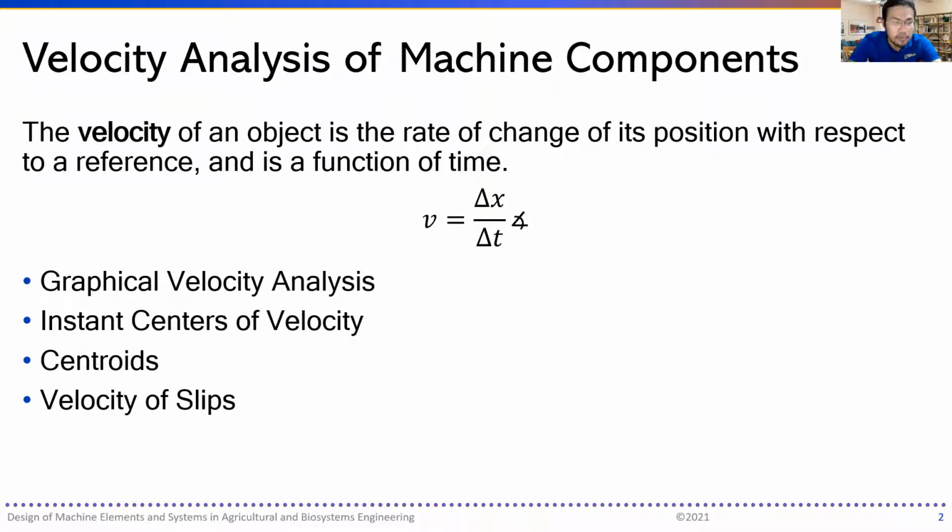In this lecture, the discussion will be on graphical velocity analysis alone. The instant centers of velocity will be discussed, with the centroids and the velocity of slips, in the next lecture as a whole group of topics.